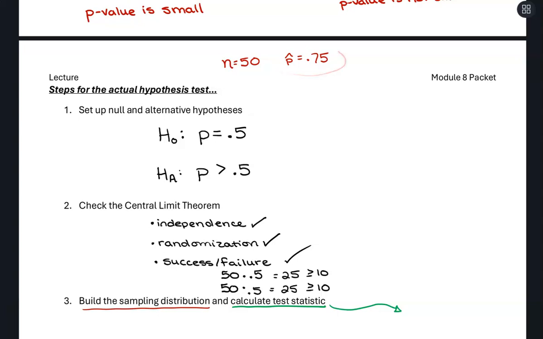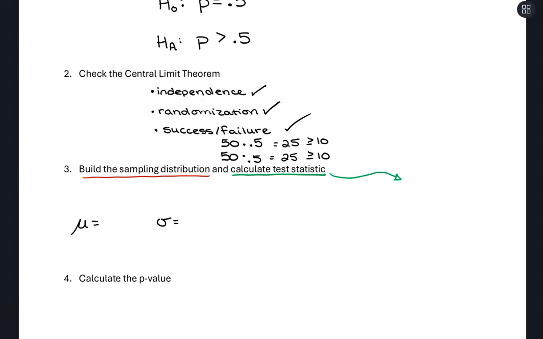I'll show you the exact moment that comes in, but until then, we ignore that 0.75. Everything is about that 0.5 right there. So, p of 0.5, 0.5 times 0.5 over sample size of 50, which is 0.0707.